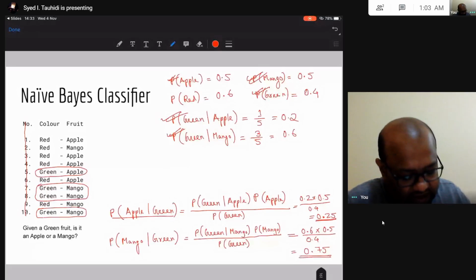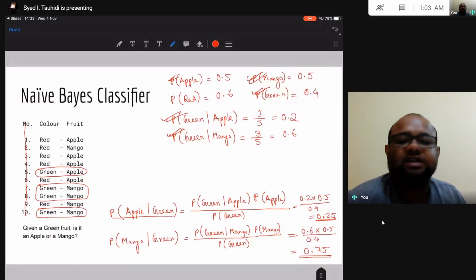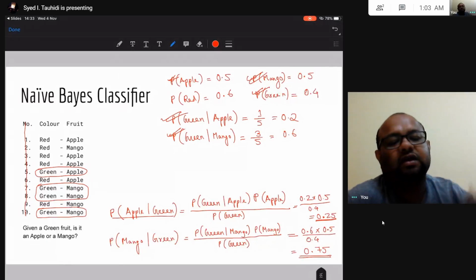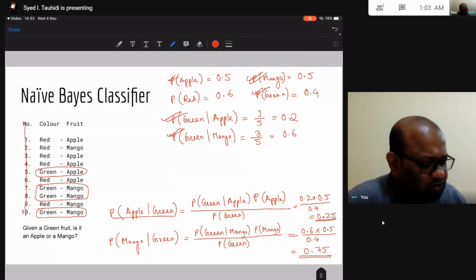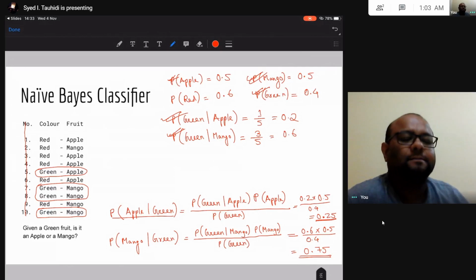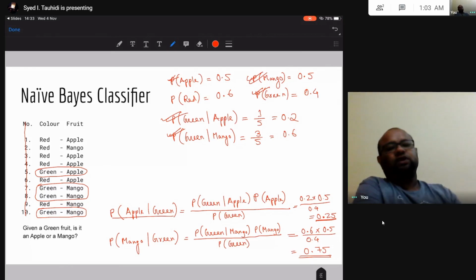I see that out of these four green fruits, one of them is apple and three of them are mango. Therefore, out of all these four green fruits, only 25% of them are apple, and 75% of them are mangoes. So that aligns with what we have figured out through calculation.